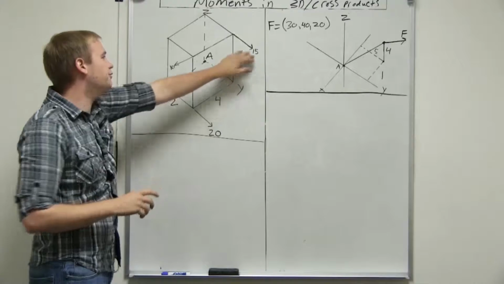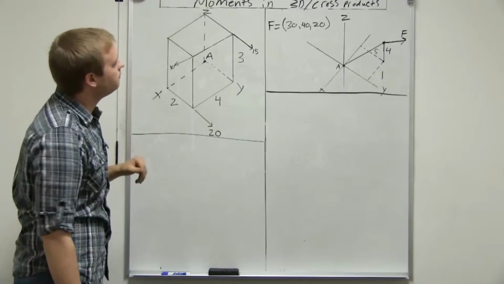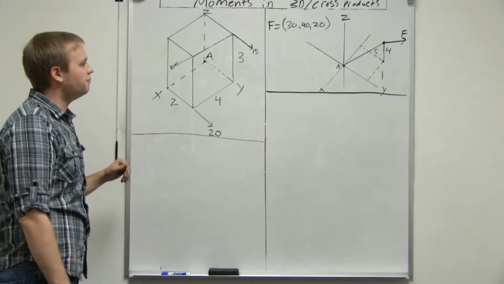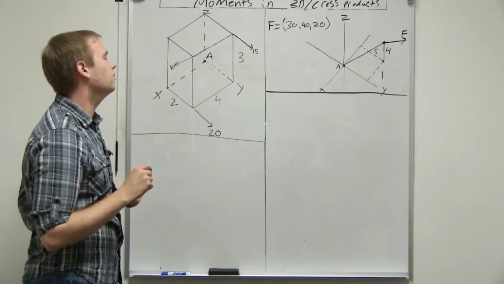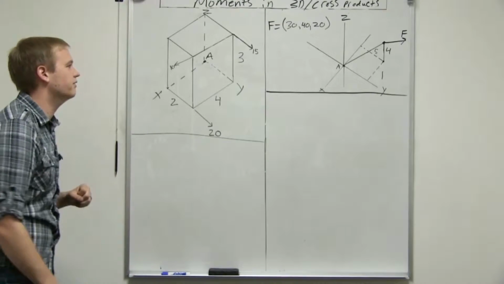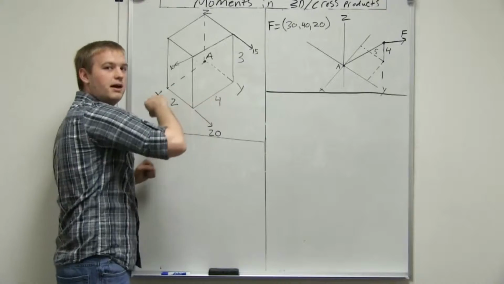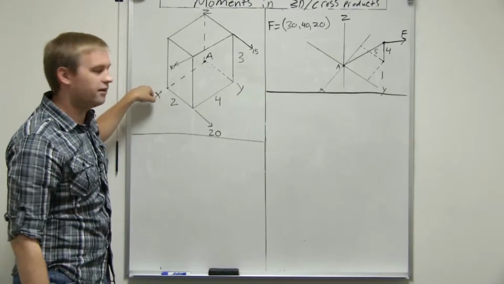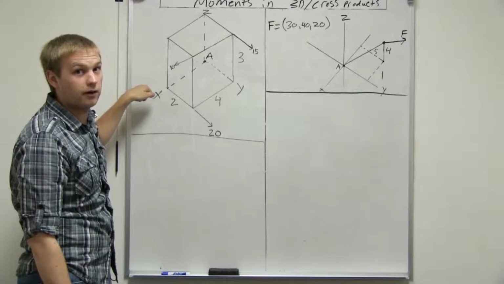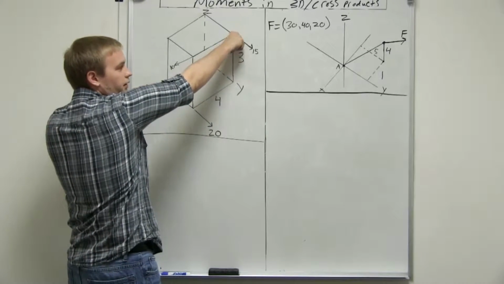Okay, so let's take this 15 pounds first. The 15 pounds is actually going to create a moment about one single axis, and that is the x-axis. So imagine holding this x-axis still. Imagine there's a pole there, and then you're going to pull this rope.